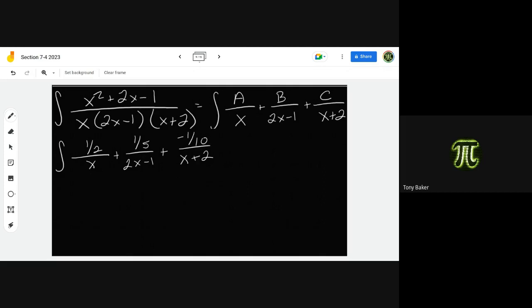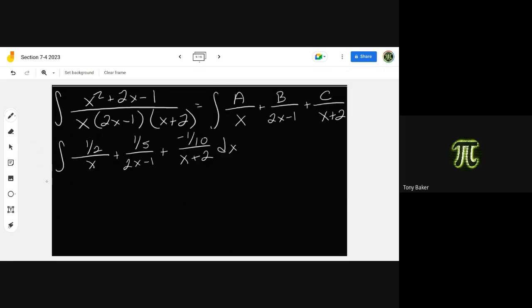Remember when we had a 2 on the top? It literally was just in front of the ln. That's why you don't put the thing down the bottom, because those numbers are just going to be in front of my ln. So it saves you one less thing that you have to think about when you're doing your ln's.